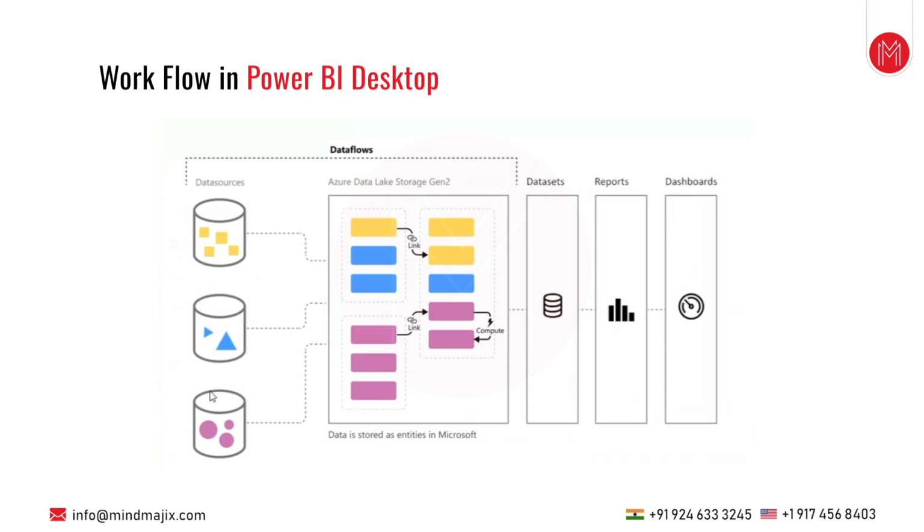That's why they are of different colors and shapes, because each server stores data in a different format. Now we have connected to Power BI; let's suppose this is Power BI Desktop, ignoring the heading. Once you connect, everything is loaded into Power BI Desktop in the form of a table, irrespective of what it is coming from.